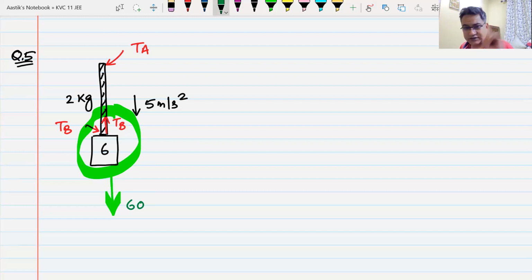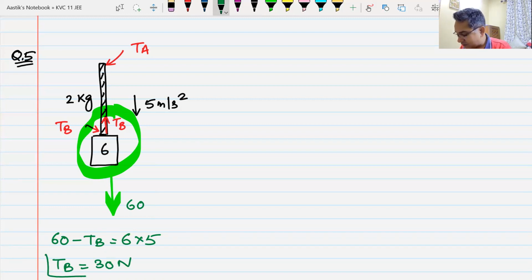The upward force is TB, and this is moving down with an acceleration of 5 meter per second square. So the equation becomes 60 minus TB equals M into A, 6 into 5. So tension at point B becomes 60 minus 30, 30 newtons. Everyone understands this? Yes or no?